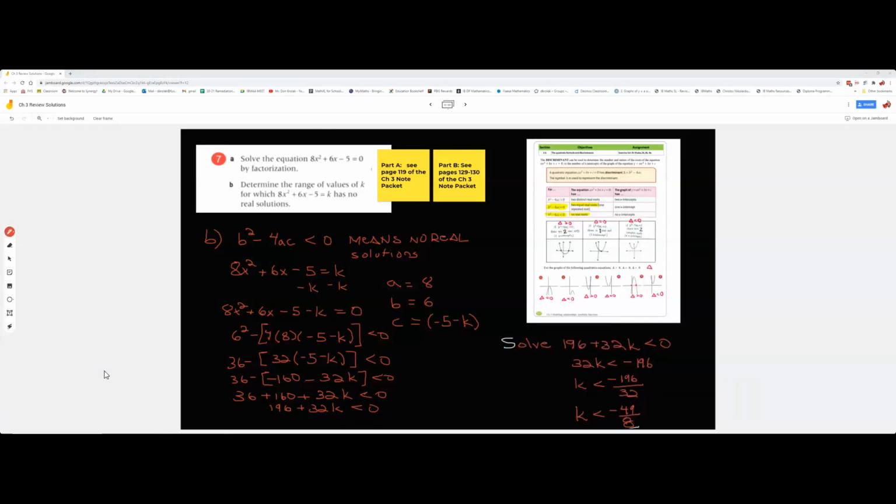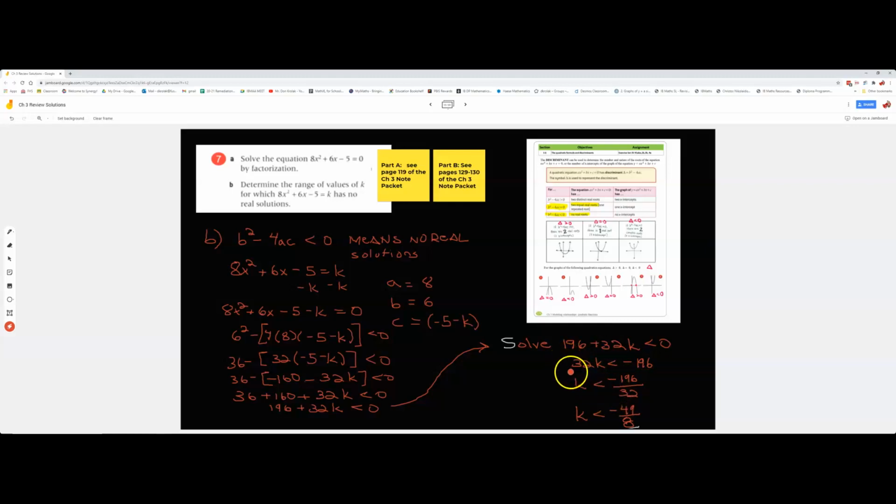All right, so now we take our inequality and we solve it. It's a linear inequality, so we don't need to make a sign chart. We just solve it for K. So I move the 196 over to the right side, and I get 32K is less than 196.